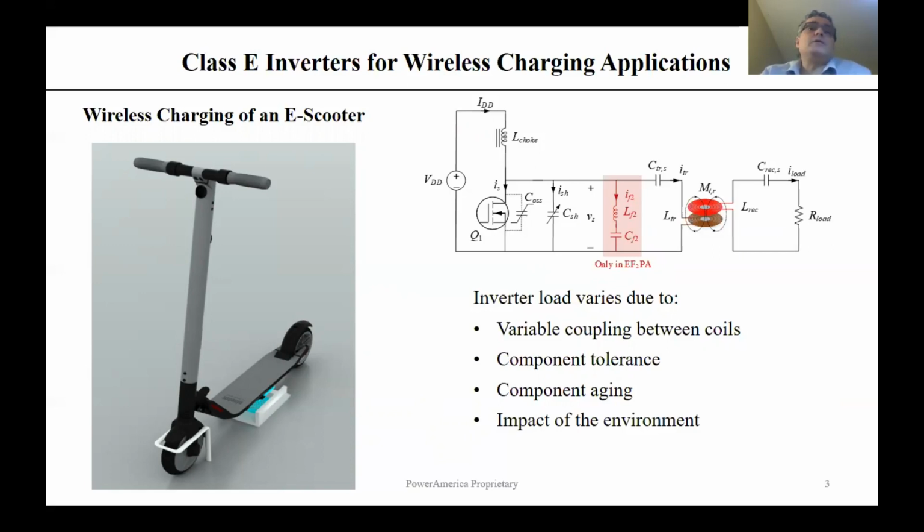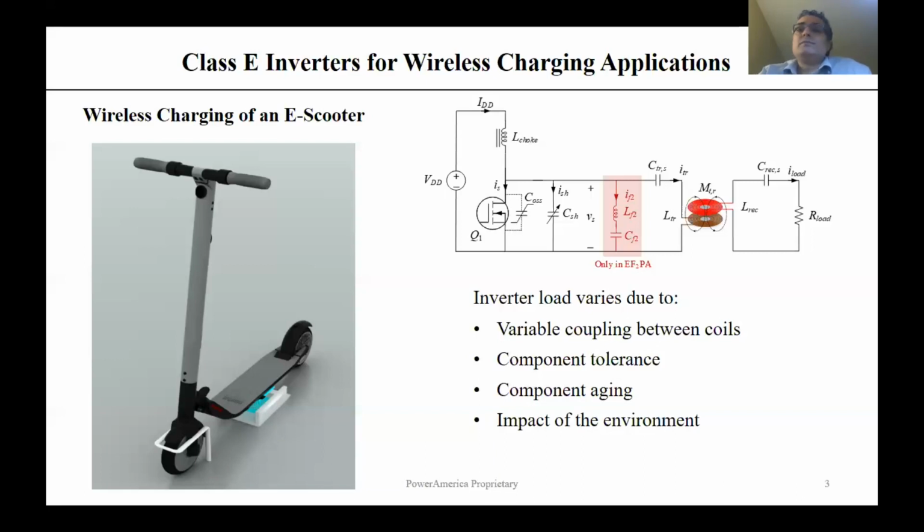Really, there is no guarantee that the user will leave the scooter always at the same position, which causes coupling between primary and secondary coils to vary, and consequently it causes a variable load reflected back to the primary inverter. Moreover, component tolerance, component aging, and different objects in the environment can cause the detuning of the resonant tanks in the primary and secondary, which effectively appears as a variable reactance at the input of the primary inverter.